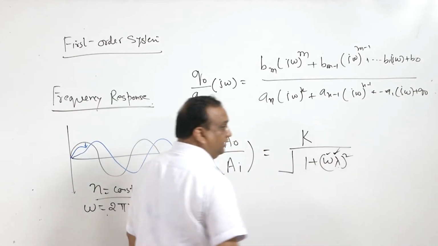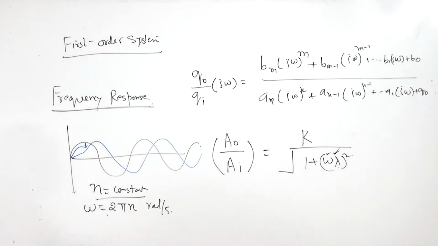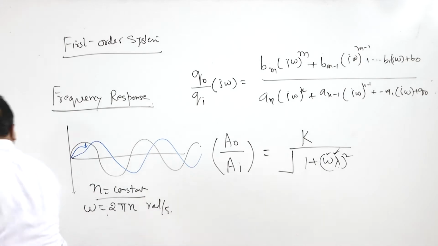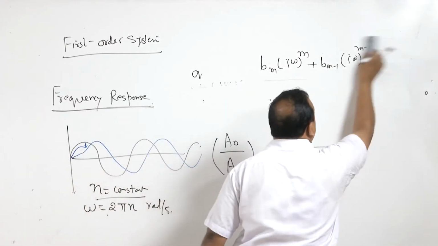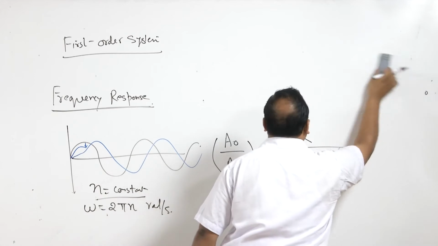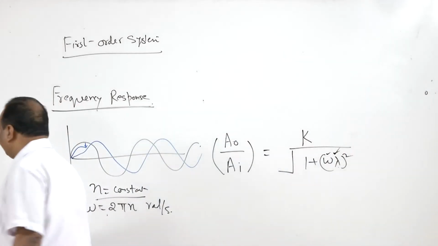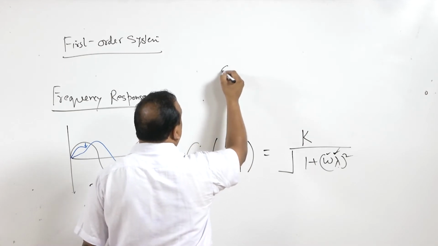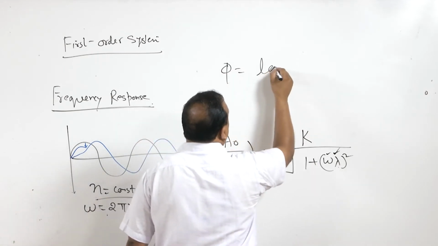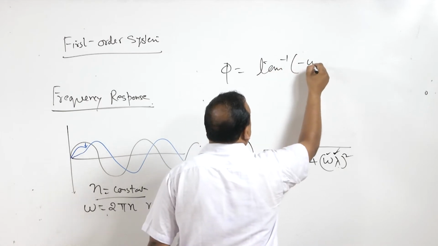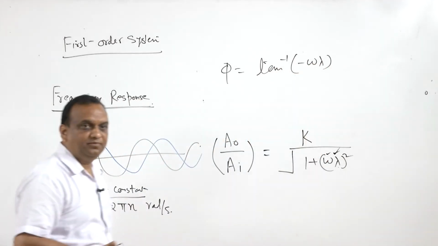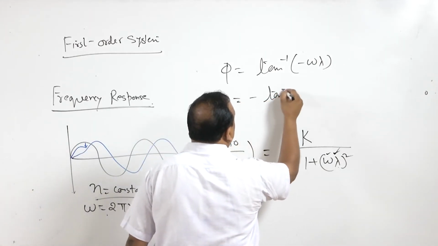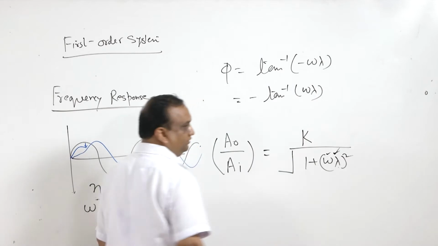The phase is expressed by phi. Phase of the output signal is phi equal to tan inverse of minus omega lambda. So it will always be lagging, or phase lag can be written as minus tan inverse omega lambda.